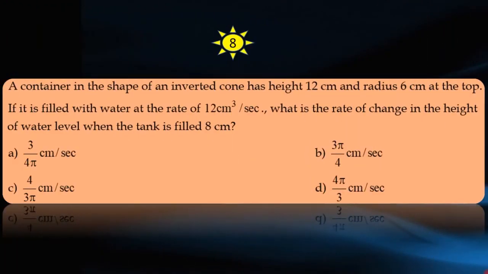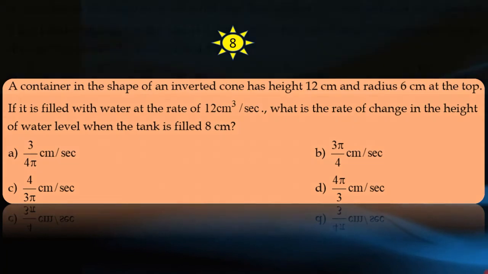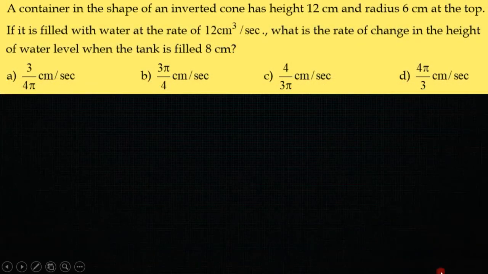Dear students, see question number 8. Read the question and write it. The question is, a container in the shape of an inverted cone has height 12 centimeters and radius 6 centimeters at the top.